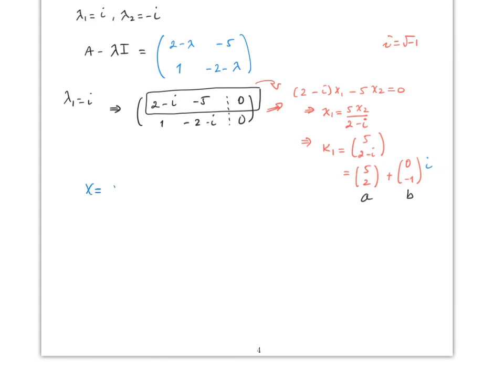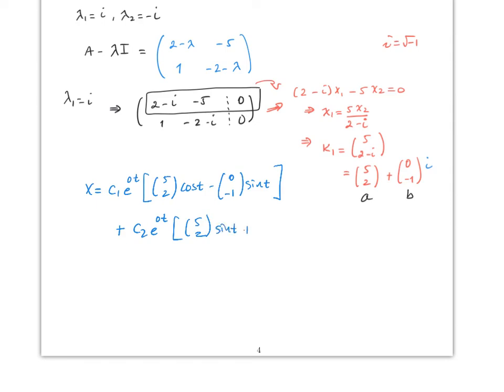We plug it in there, and we get the following. X is equal to c1 e to the 0t, because remember r was equal to 0, times the first vector [5, 2] cosine t minus [0, -1] sine t, plus c2 e to the 0t times [5, 2] sine t plus [0, -1] cosine t.